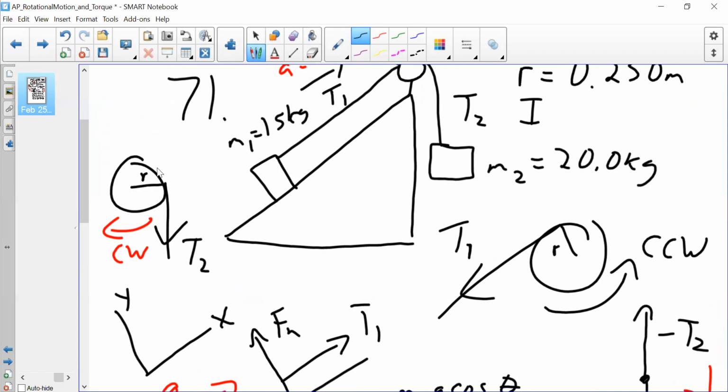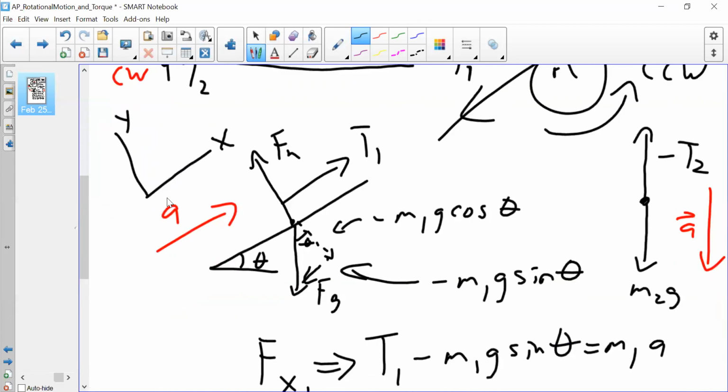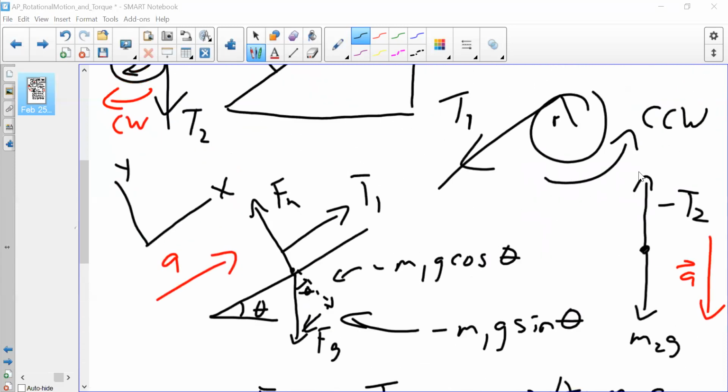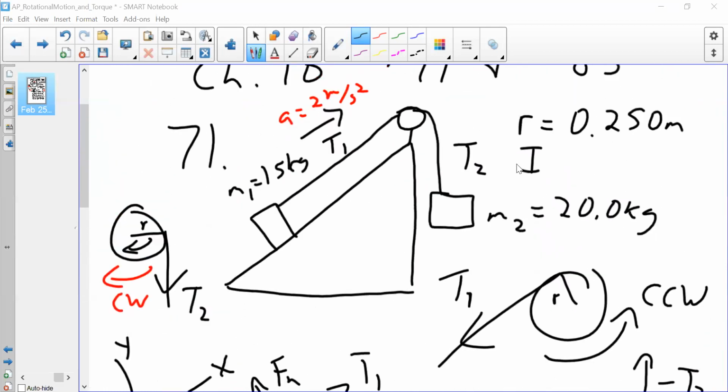So again, R is just going to be rotating in a clockwise fashion. So the net torque in the system will be negative. The torque is negative.